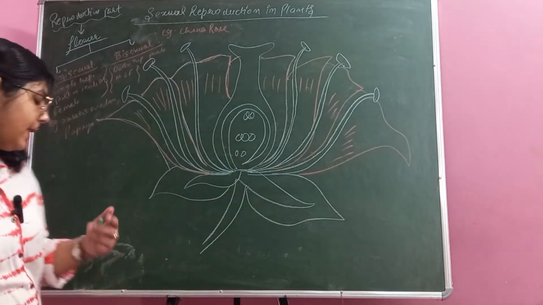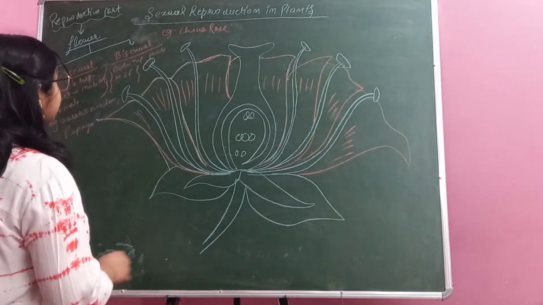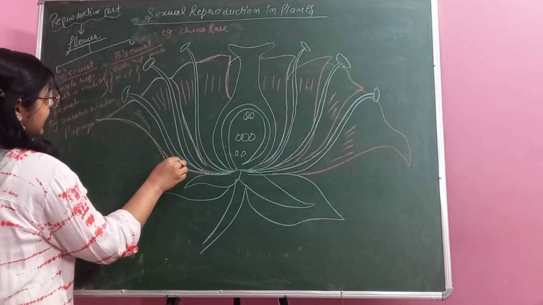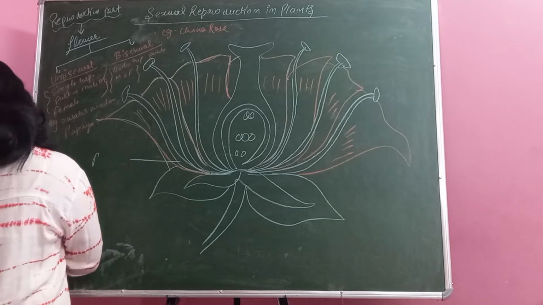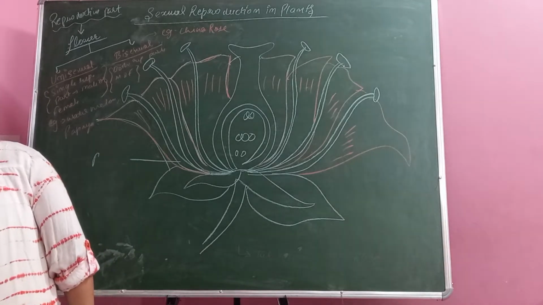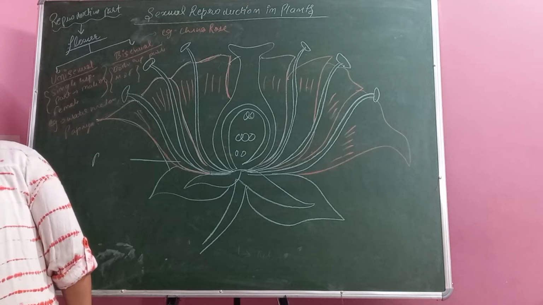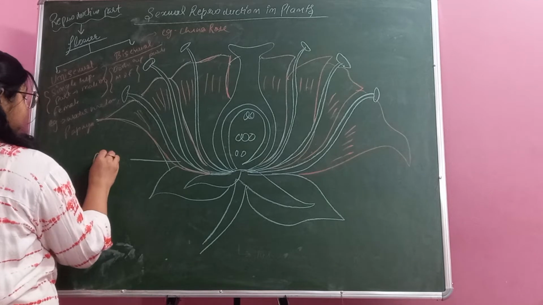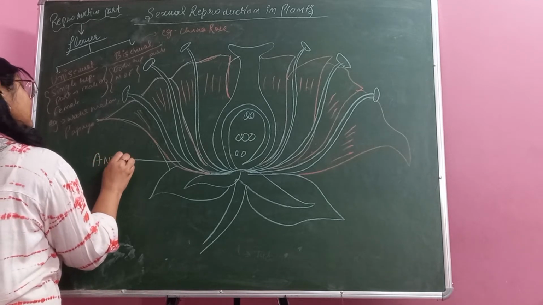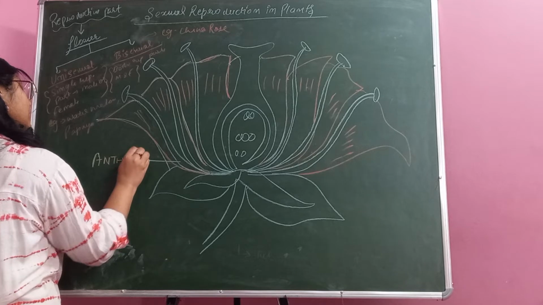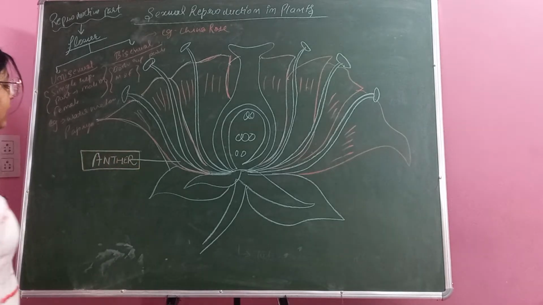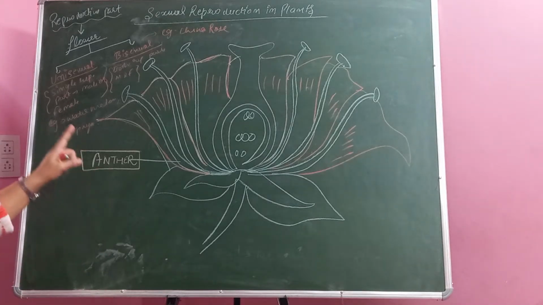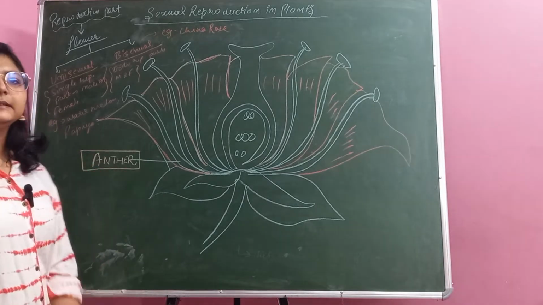So see, the first male reproductive part is anther.